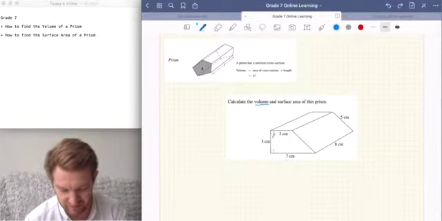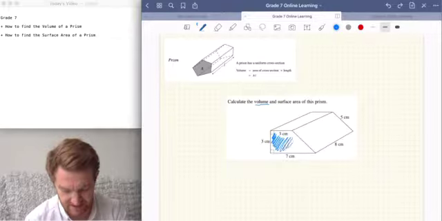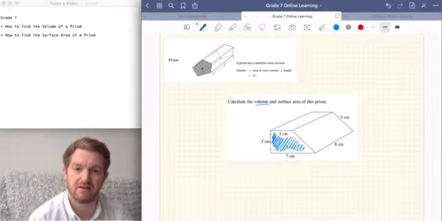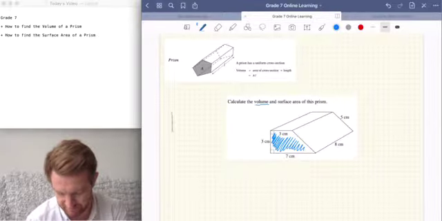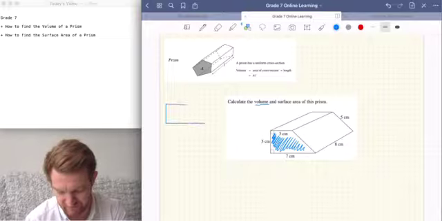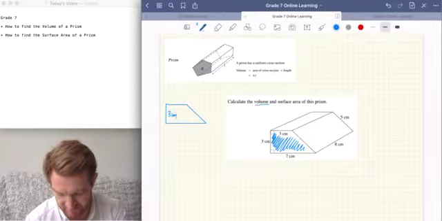To do this, first thing we need to do is work out the area of the cross-section. Hopefully you've all been doing your 2D shape revision that we set last week. There is our cross-section, the trapezium on the front. So we do a little sketch if you want to, you don't have to. I'm just going to do it for you today so you can see. I'm going to work out the area of that shape. We need to know the height, the top, and the bottom.